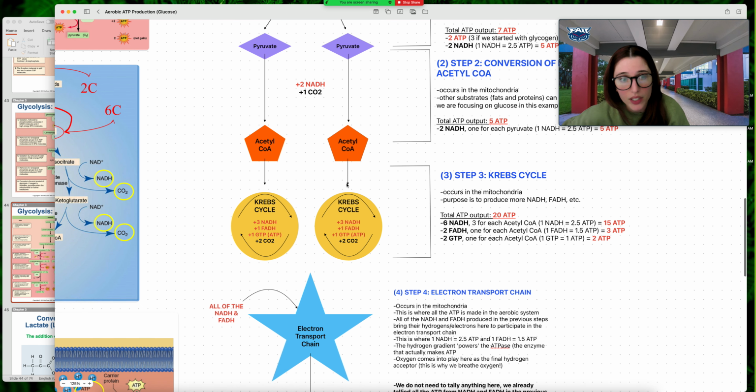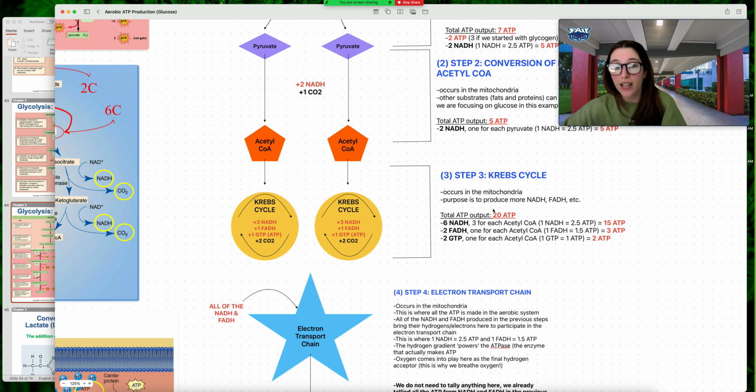So that's what we have here. Each acetyl-CoA is going to go through the Krebs cycle and produce 3 NADH, 1 FADH, and 1 GTP, which is 1 ATP, and we also produce some CO2, right? But all of that is doubled because we're starting with 2 acetyl-CoAs.